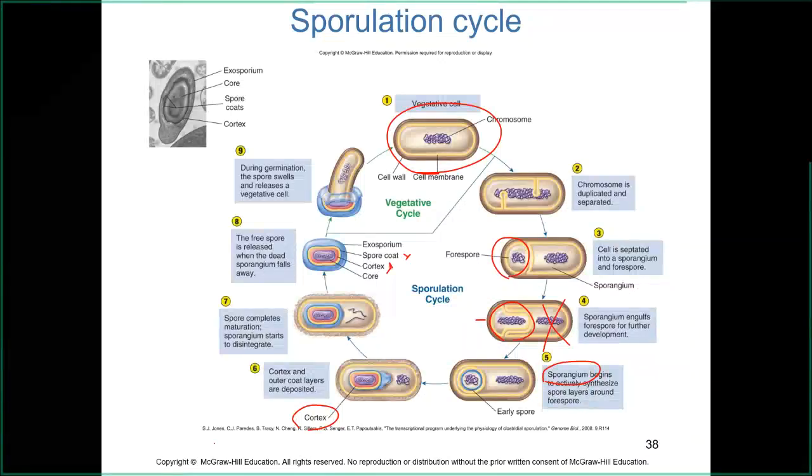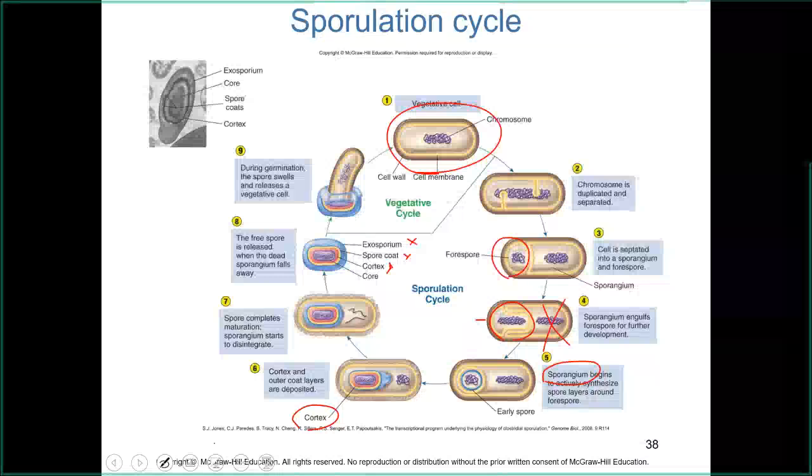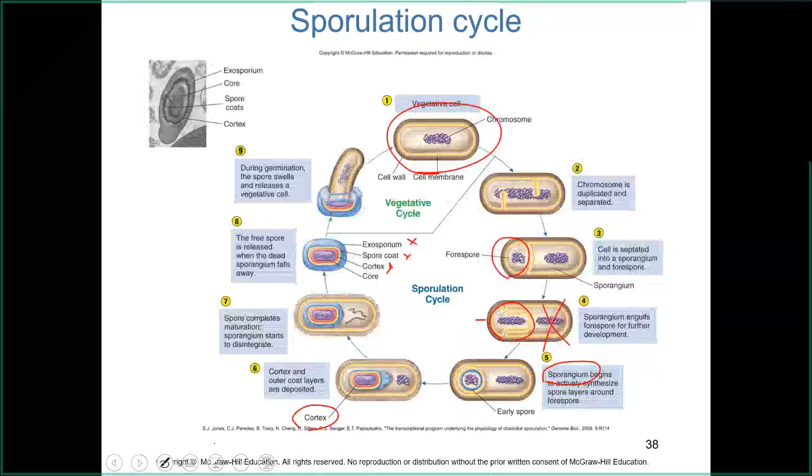And then finally an exosporium. So you've got three layers of material. The core is where the genetic material is, but outside of that, the cortex, a spore coat, and an exosporium. Once you've got that, you have a fully formed endospore, and that can basically lay there dormant.